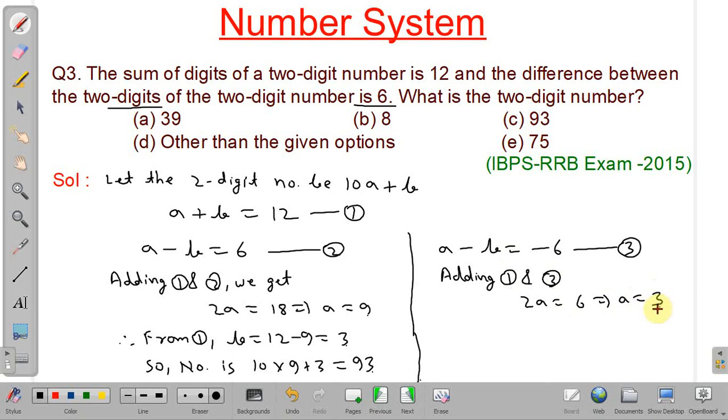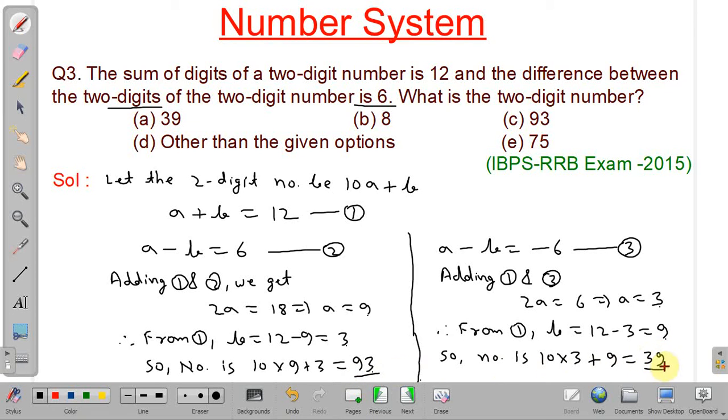Then when we substitute A equal to 3 in either equation 1 or 3, we will get value of B. Therefore, from equation 1, B will be equal to 12 minus 3, that is 9. So number is 10 into A plus B, that is 39. So one possibility is 93, other is 39.